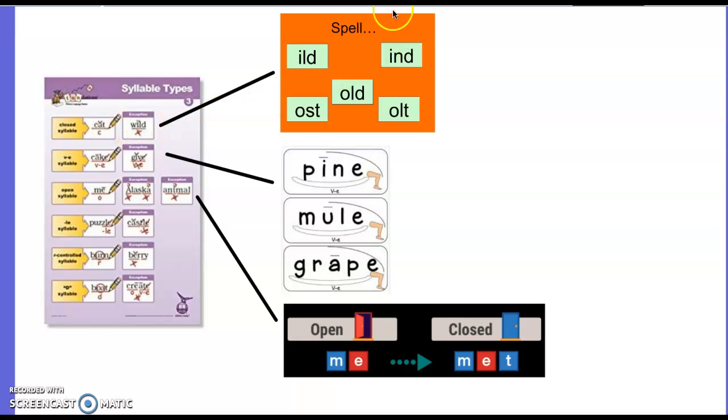And we also learned about some exceptions to the closed syllable rules. So those five welded sounds are ild, ind, old, ost, and olt. And Thursday, when we have our spelling part of Wilson, we will spell words with these types of sounds.